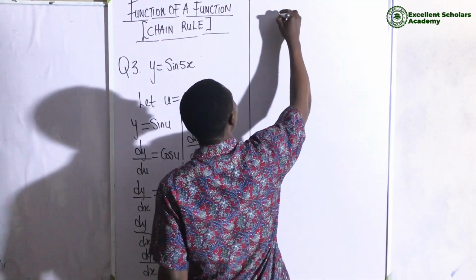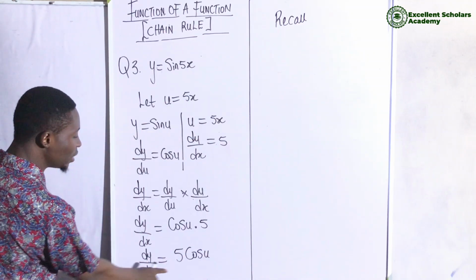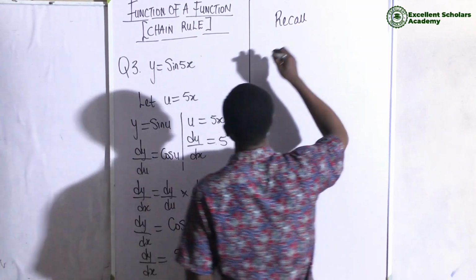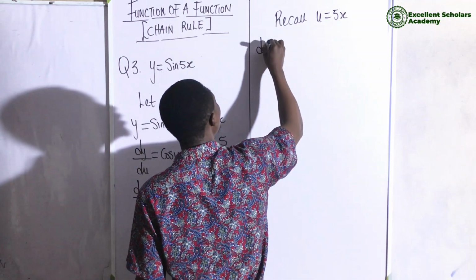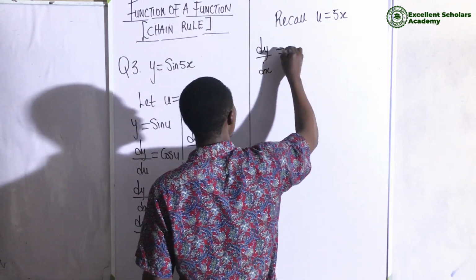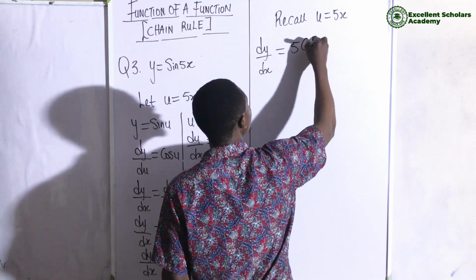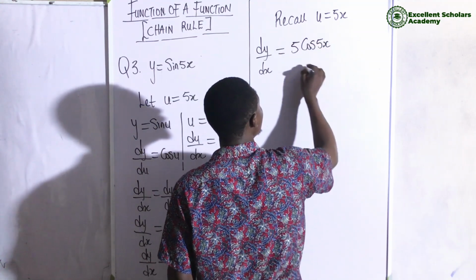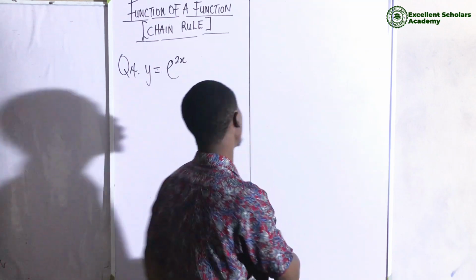Now, recall that your u equals 5x. So finally, anywhere we see u, we replace it with 5x, and dy dx becomes 5 cos 5x. And this will be our answer. So now this is the next question we'll be solving.